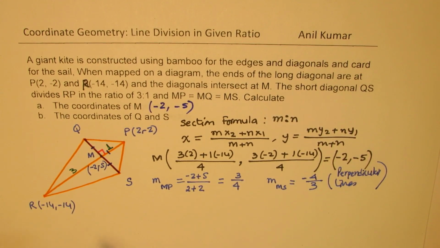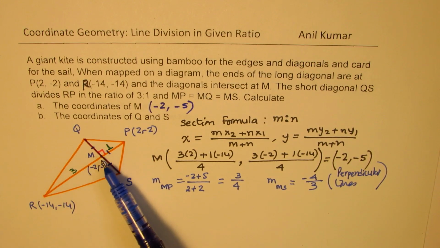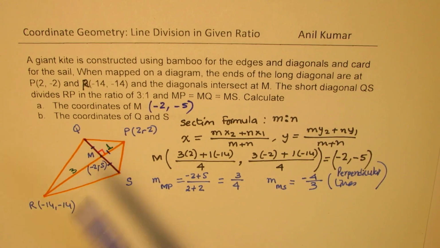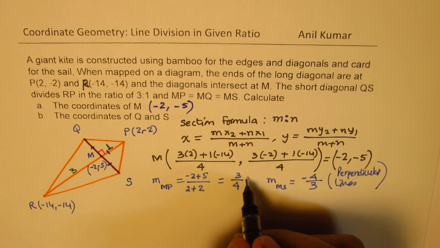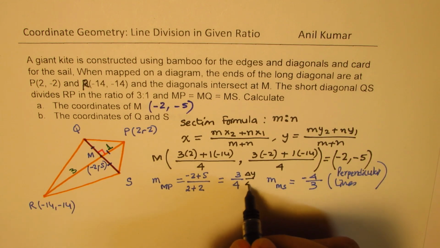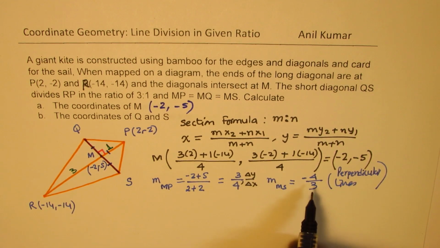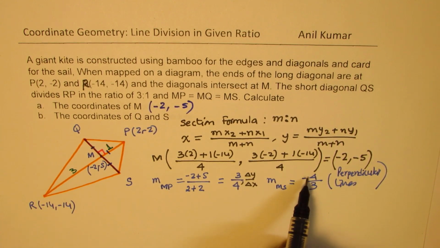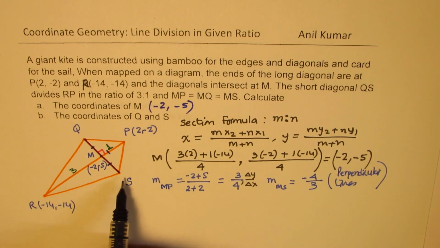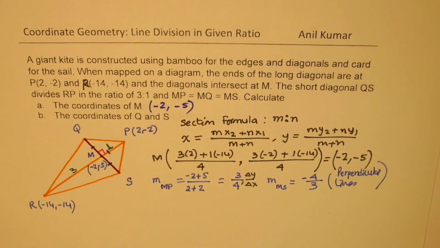Correct? Now here, practically, we move from M to P by change in Y over change in X. Does it make sense to you? So from here, the change in X and change in Y can also give us the coordinates of Q and S. You get the idea. Correct?